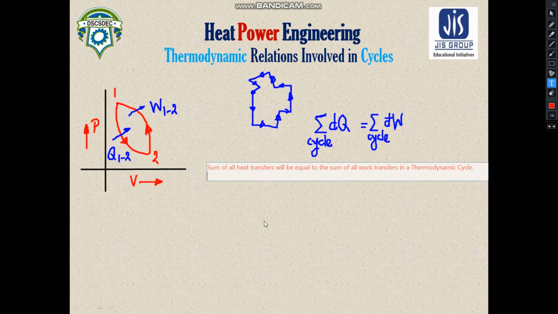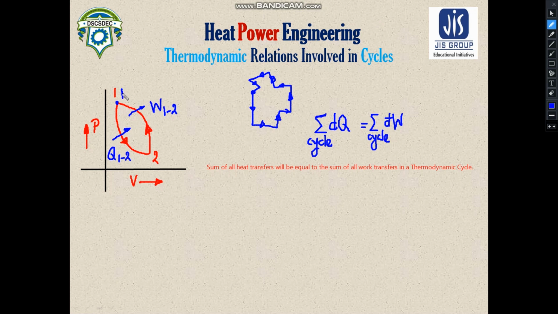And coming to the second point, regarding the change of internal energy, how would you calculate the internal energy change for a thermodynamic cycle? That is the question. As discussed earlier, you know that internal energy is nothing but a state point.